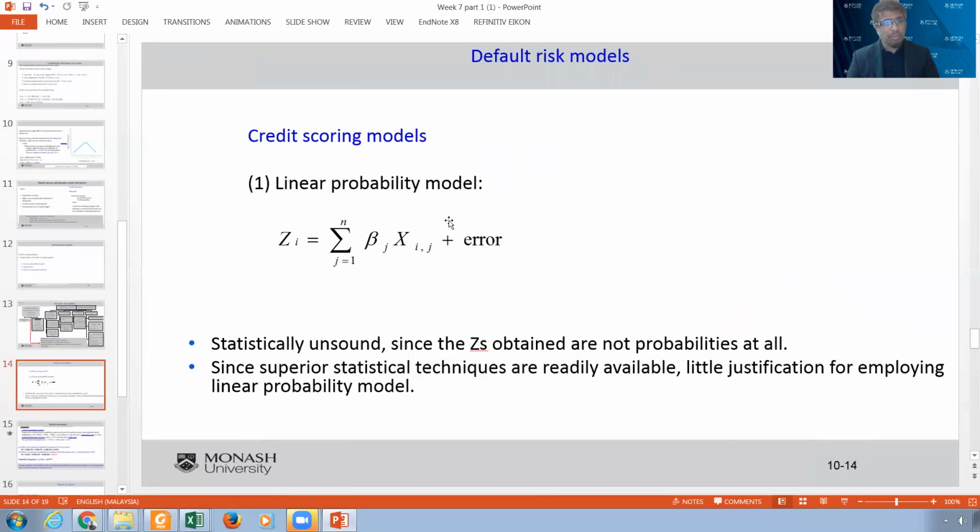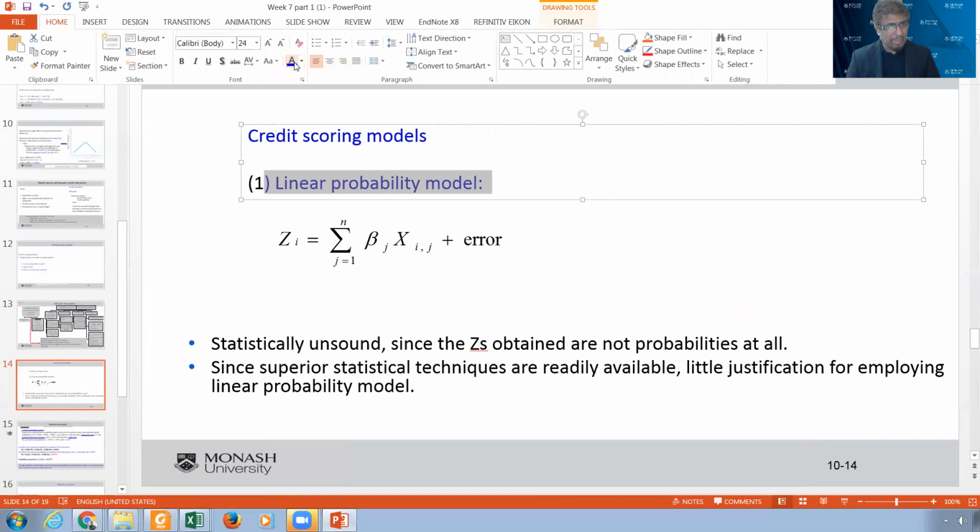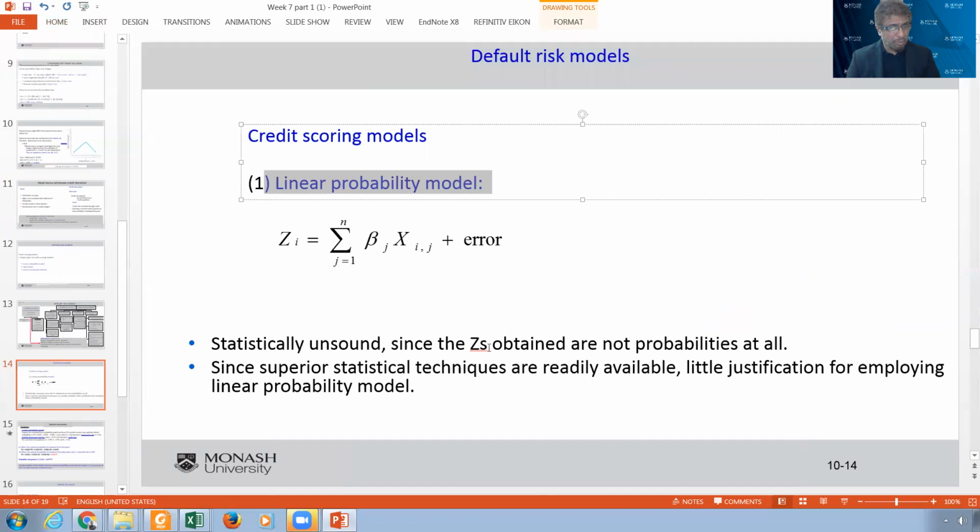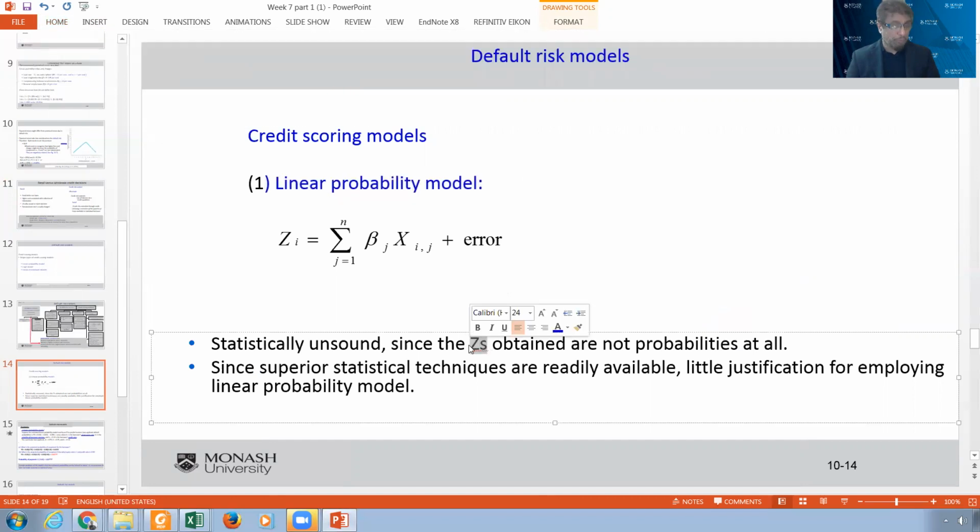Let's go now to the credit scoring models, which we start with. This is the first model I want you to know about, which is the linear probability model. Now, the linear probability model will calculate for you the probability of defaulting, not the probability of payment. Based on that, for example, if the probability of defaulting is 2%, you know the probability of payment is 98%.